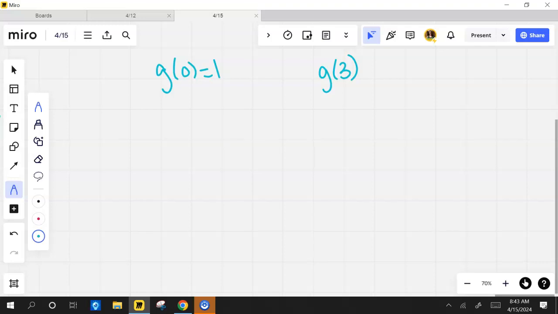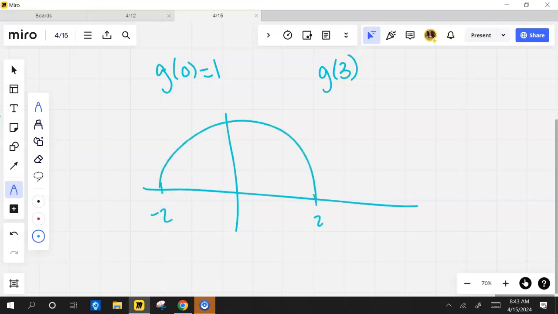Okay, so if you look at this graph, this is the graph of the derivative of the function.